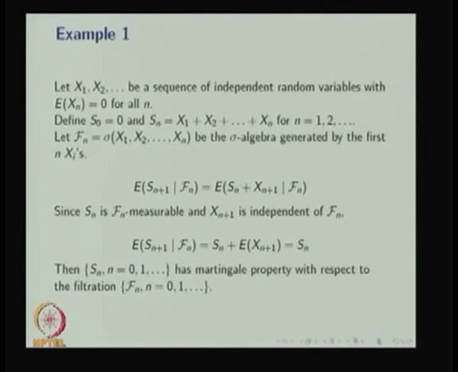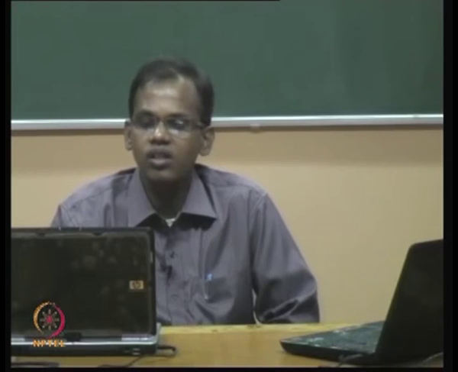The second term, the conditional expectation of xn plus 1 given Fn. Since Fn is independent of xn plus 1, the information up to n is not going to affect the value of the random variable xn plus 1. Therefore, instead of a conditional expectation, it is just the expectation of x of n plus 1.